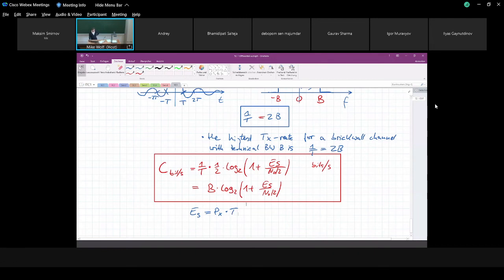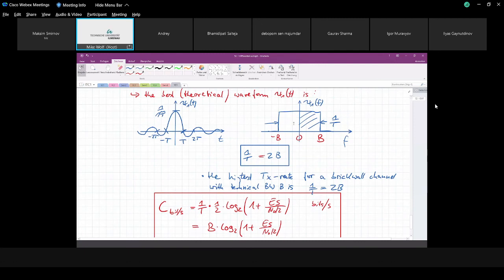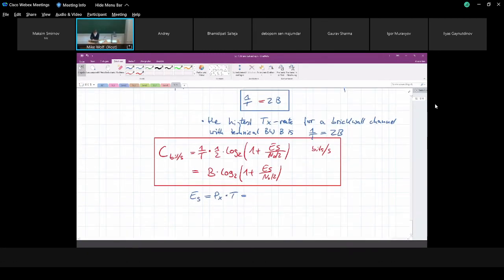Now look, the modulation interval is 1/2B for this brick wall characteristic. So if we use a waveform which is identical to the one in the figure, which is the extreme case, we could say this is equal to Px times 1/2B.